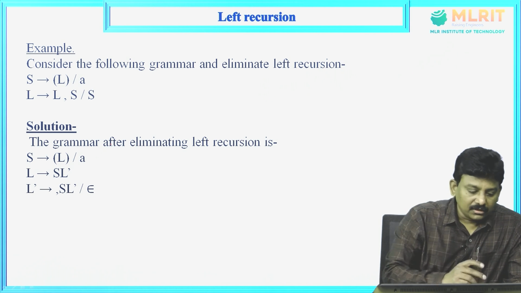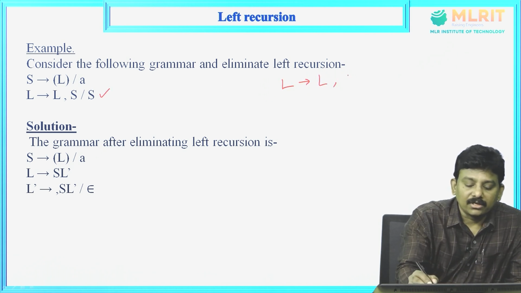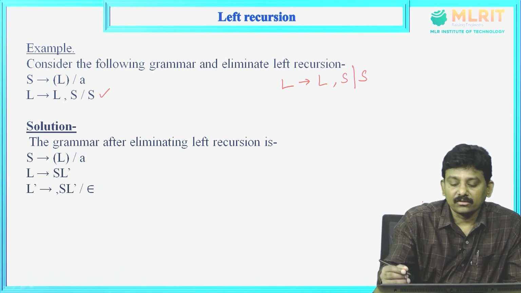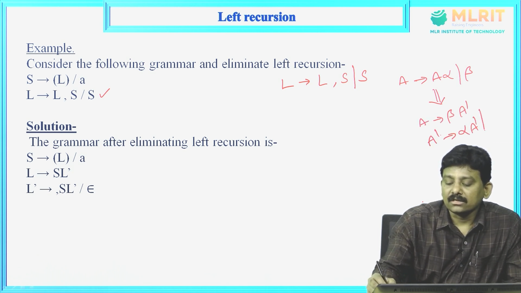Then consider this rule, L derives L comma S or S. Yes, this rule is in the form A derives A alpha or beta. After elimination of left recursion, the rules will be A derives beta A dash, A dash derives alpha A dash or epsilon.